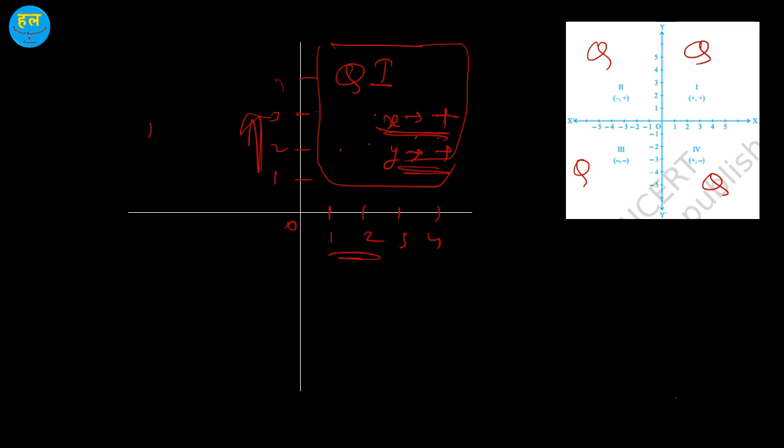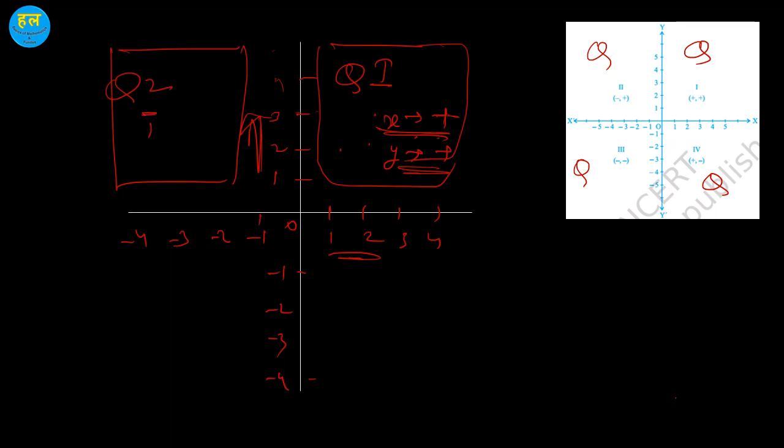Second quadrant, Q2. On this quadrant we have -1, -2, -3, -4. All the x coordinates are on the negative side, on the left side.